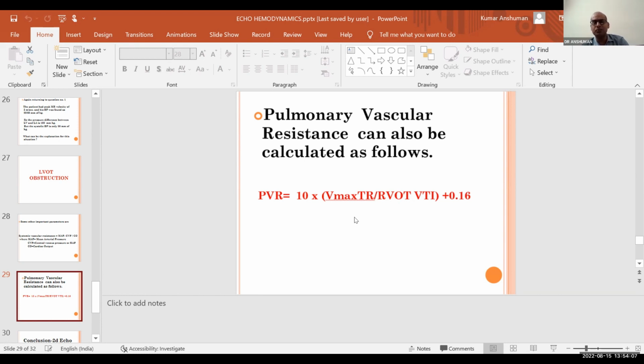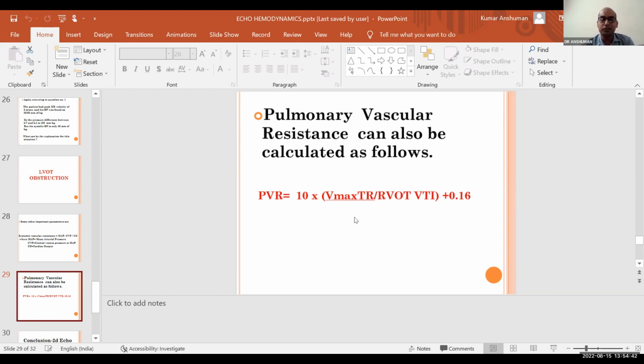Again, PVR is very important in deciding in ASDs whether you need to go for a device, whether you should close the ASD or not. Many a times closing the ASD is detrimental in congenital conditions. So there you need to know pulmonary vascular resistance. Your invasive colleagues and the CTVS people want to know the status of the pulmonary vascular resistance to decide about the treatment strategy and about the surgery, whether to go for it or not.